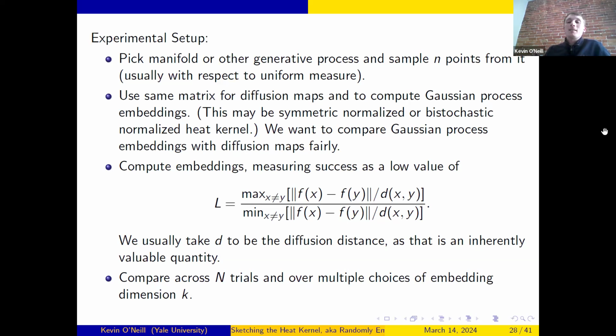Two, for the Gaussian process embeddings, you're going to have different realizations of the Gaussian process each time. So even just for that, you have to run it over and over again and see what your average behavior is if you want to experimentally figure out what happens in general. So we're going to do it over multiple trials. We're also going to vary over the embedding dimension.